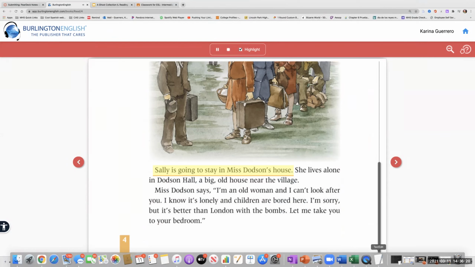Sally is going to stay in Miss Dodson's house. She lives alone in Dodson Hall, a big old house near the village. Miss Dodson says, "I'm an old woman, and I can't look after you. I know it's lonely and children are bored here. I'm sorry, but it's better than London with the bombs. Let me take you to your bedroom."